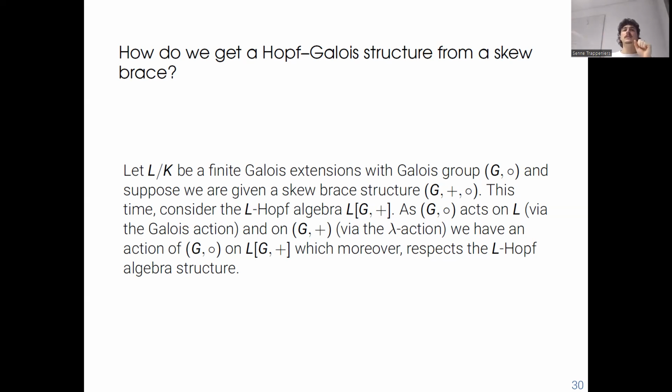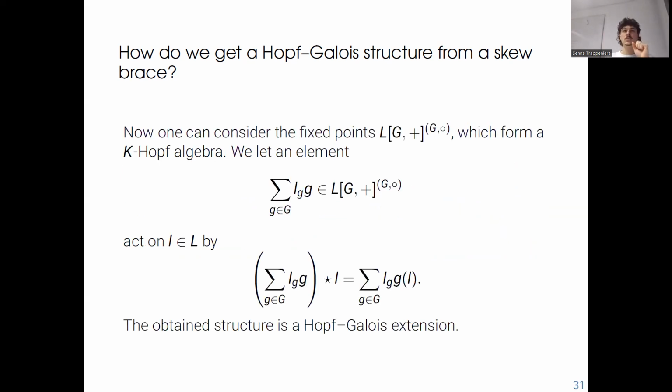Now, what we can do is restrict to the fixed points of this action. And because the action respected the Hopf algebra structure in a nice way, these fixed points have the natural structure of a K-Hopf algebra. And now in this K-Hopf algebra, where the elements are still, of course, linear combinations of elements in G with coefficients in L, we can let an element act on L in the somewhat natural way.